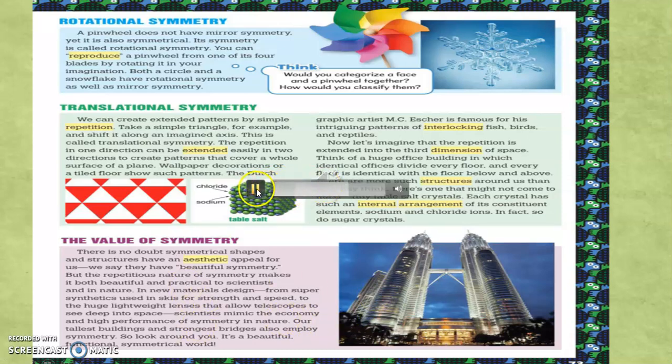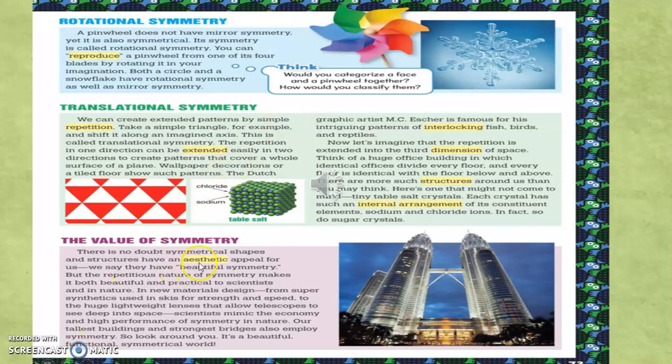The value of symmetry. Okay beta, so what is a translational symmetry? In this, we have repetition of patterns. If you can see over here, there are the form of triangles which are repeated. You can see the repetition of triangles. So this is your translational symmetry.